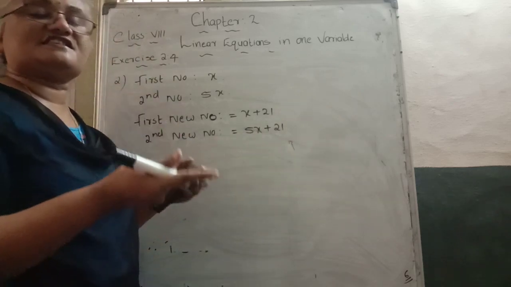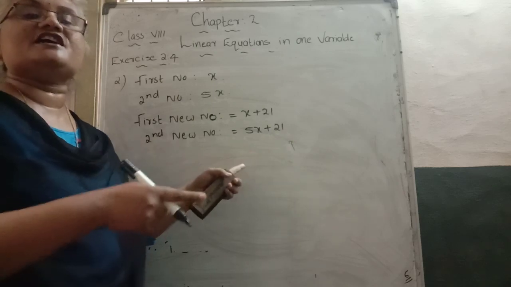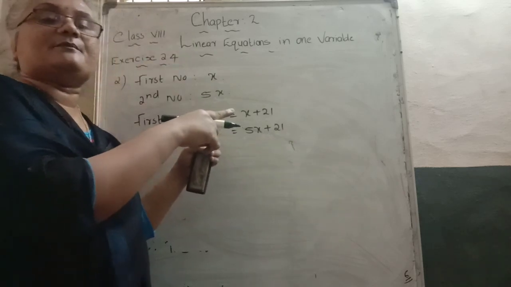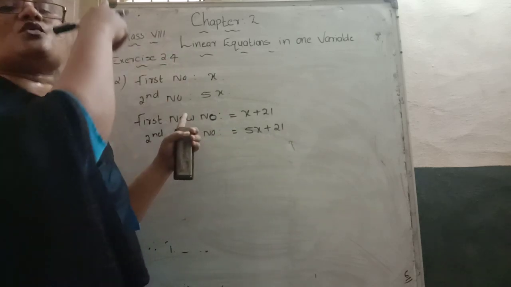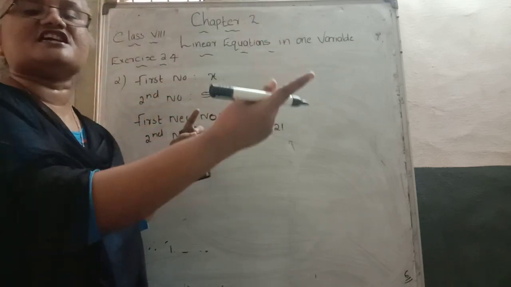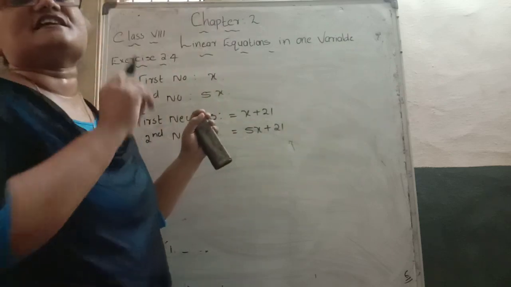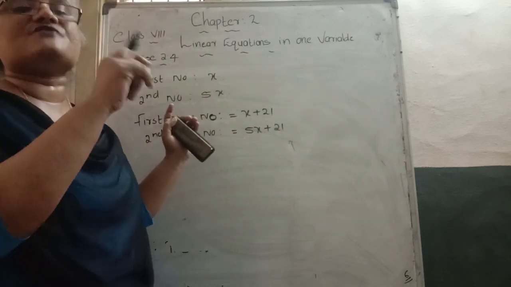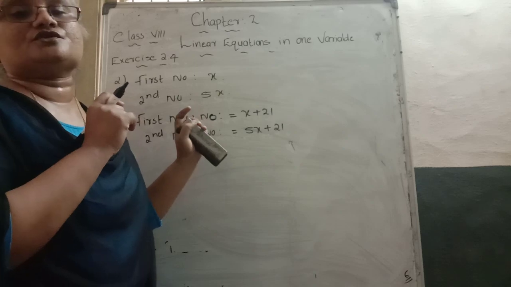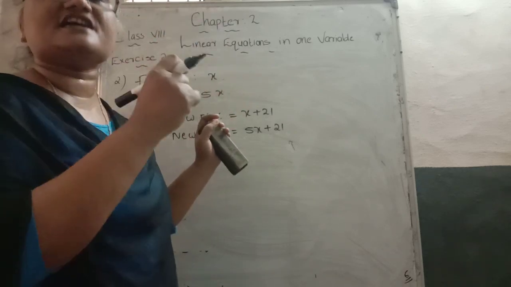Then they say that in this way two new numbers are obtained. Of these two new numbers, one number is twice the other. In the last sentence they ask us to find the two numbers we are using.